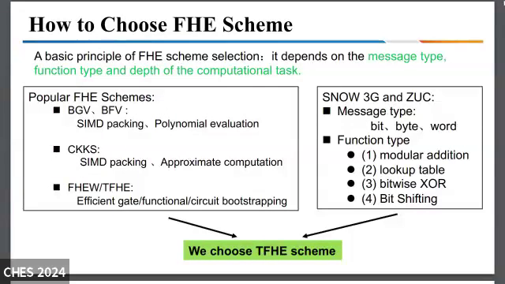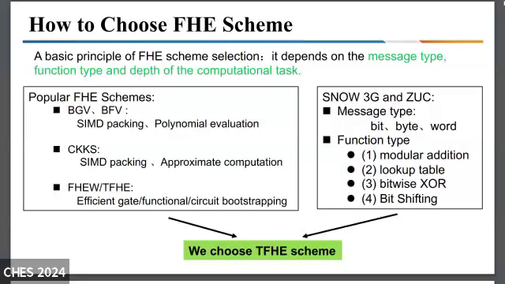So a very important question to evaluate these ciphers is how to choose a suitable FHE scheme. A basic principle of FHE scheme selection is that we must consider message type, function type, and the depth of computation.